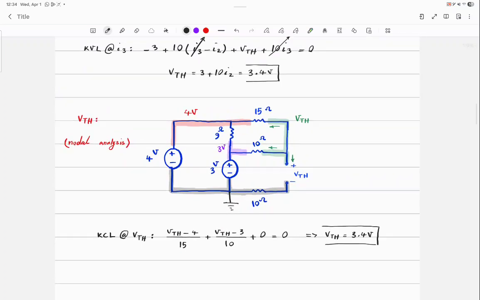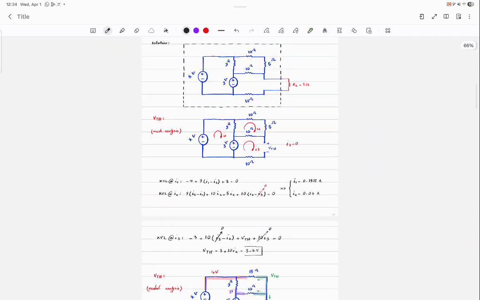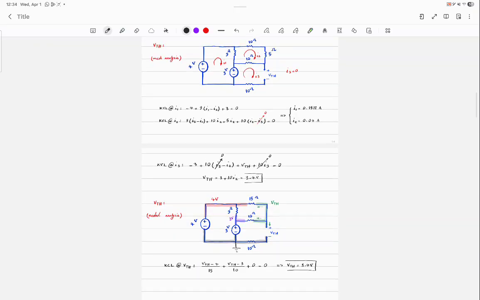Now, which one would you prefer to solve for VTH? Nodal? Nodal is one equation, one unknown. Mesh is actually 3 equations, 3 unknowns. Which one would you prefer? Definitely nodal. But here is my point. Is that the end of the world if you went for mesh?